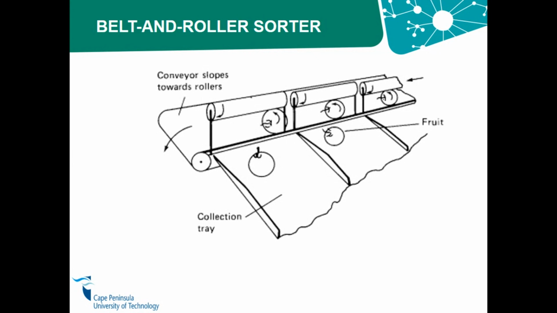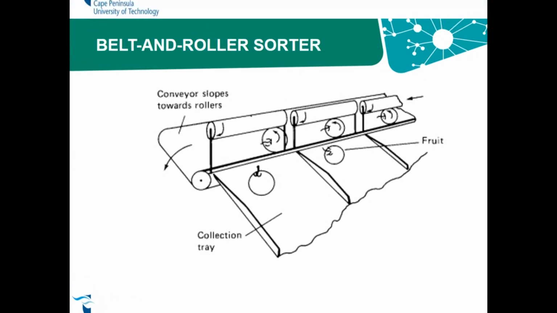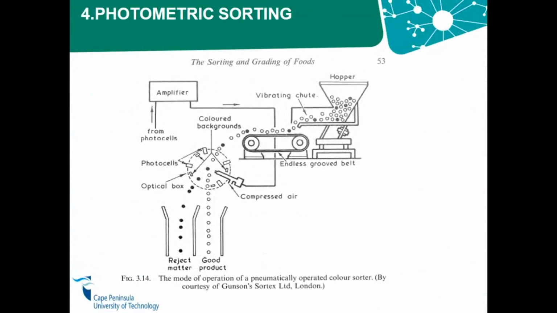So how do we then sort raw materials based on the color? So we use what we call photometric sorting. Photometric sorting, for example, this is a larger or amplified picture, which you've got a vibrating chute where the hopper, where the raw materials come in, and then they travel through a conveyor belt.